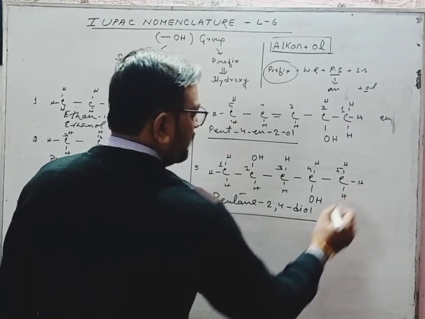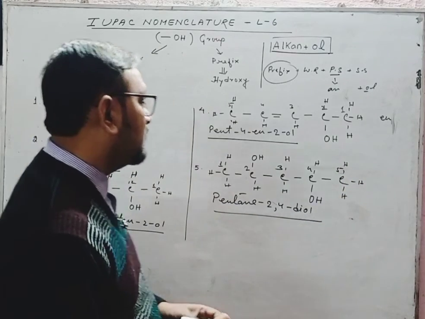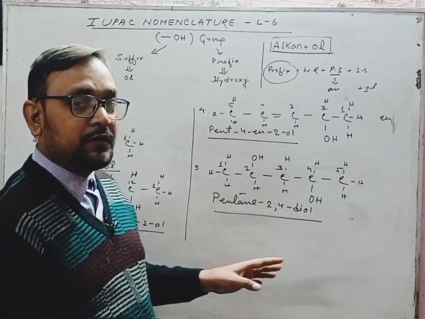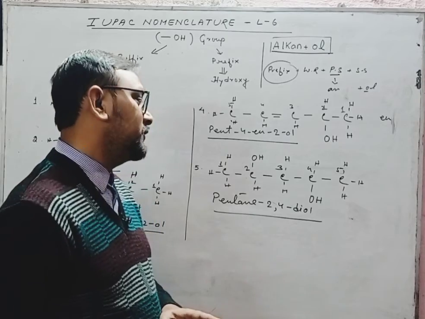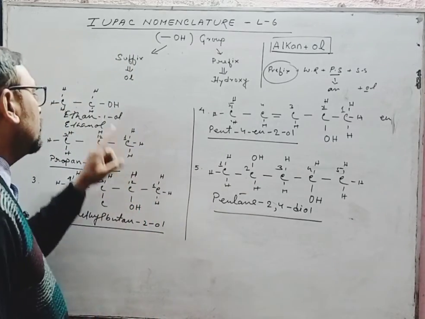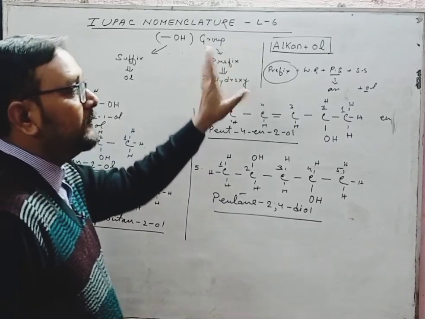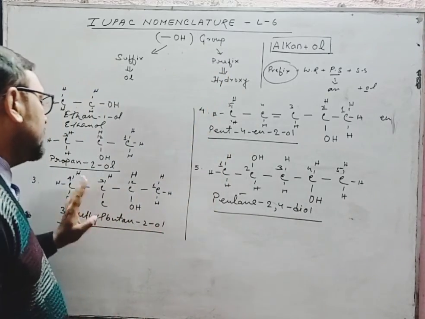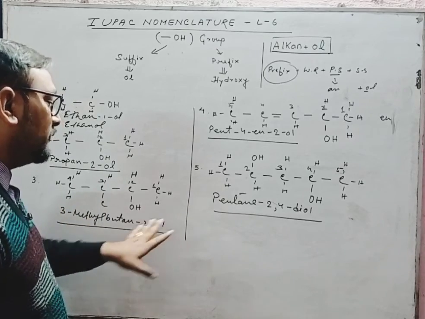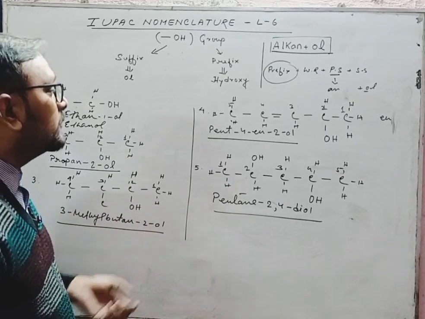I have tried to discuss all the aliphatic patterns which are important. If there is only one OH group, then we will use alkane plus ol. If any substituent is given, then name the substituent first and then follow the rules.